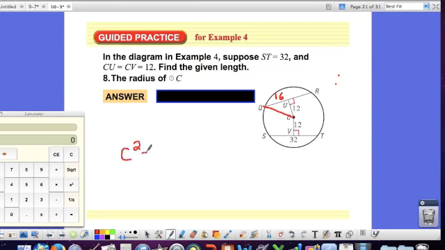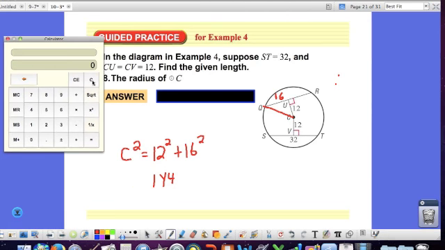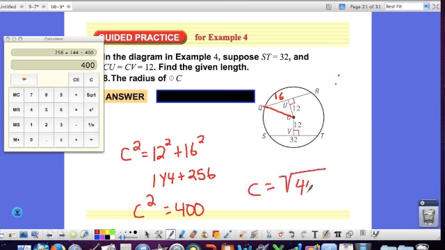So C squared equals 12 squared plus 16 squared. 12 squared is 144. 16 squared is 256. So 256 plus 144 is 400. So C squared equals 400. C equals the square root of 400. So C equals 20.